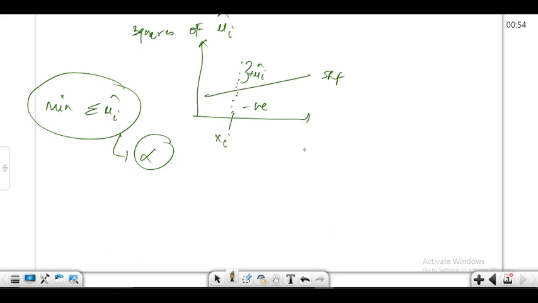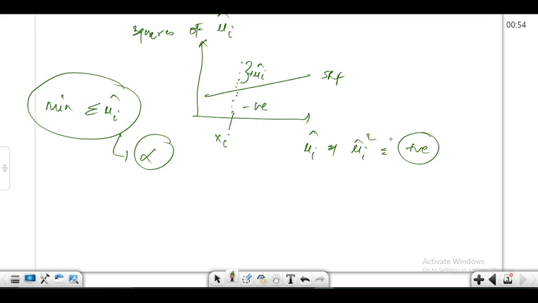When I square the ui hat term, whether it's negative or positive, the square is a positive term. So in real terms, I'm getting the actual differences, or how dispersed the values are around the sample regression function or the sample regression line.